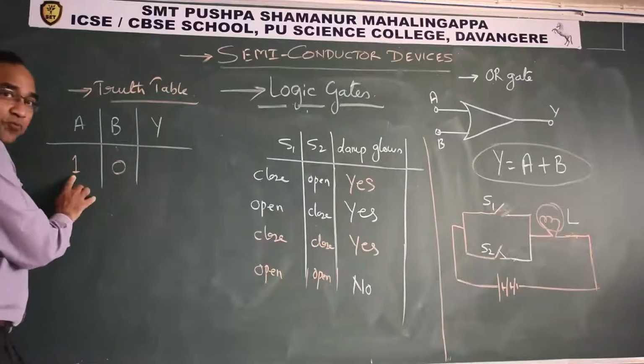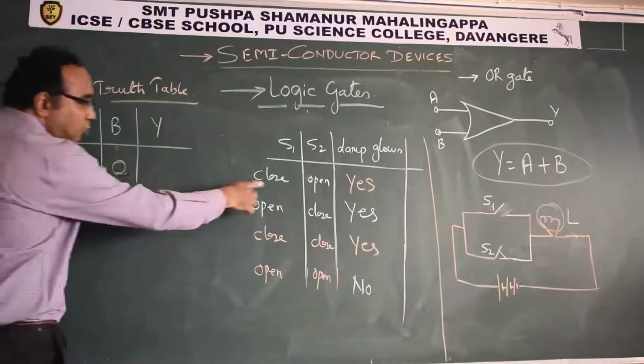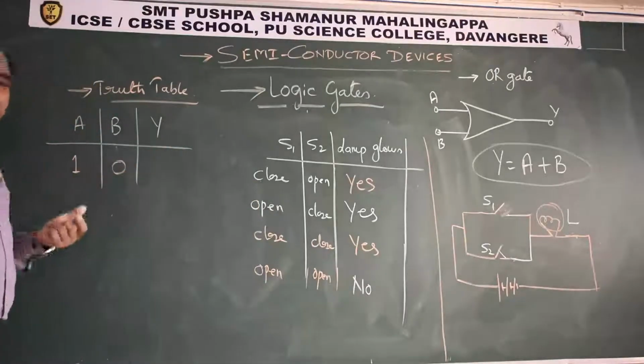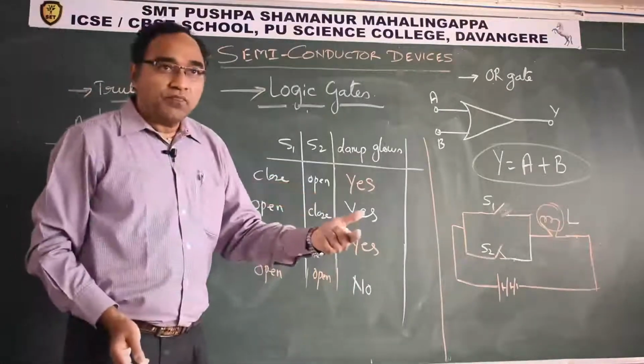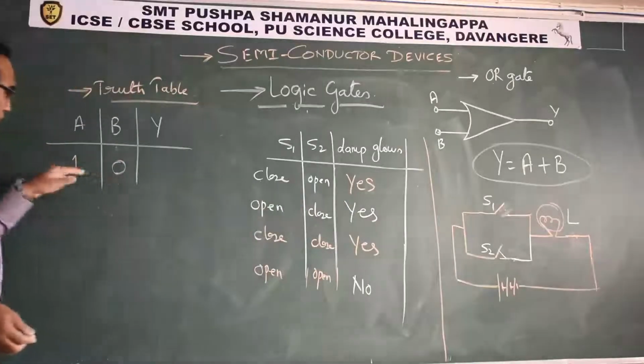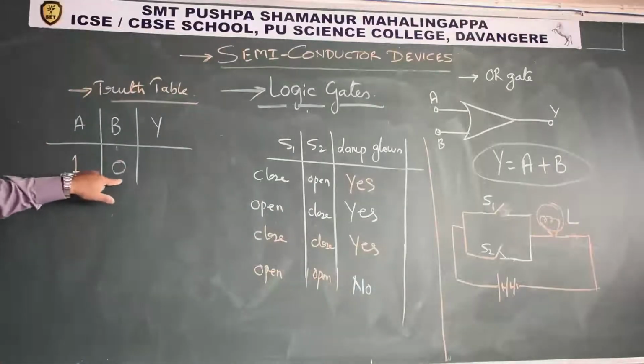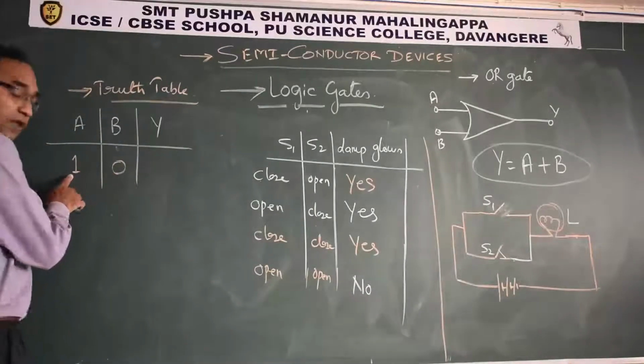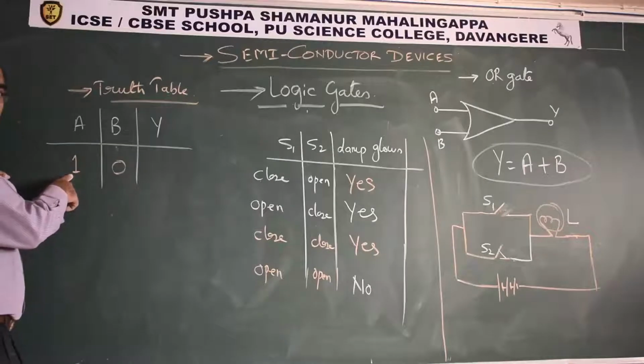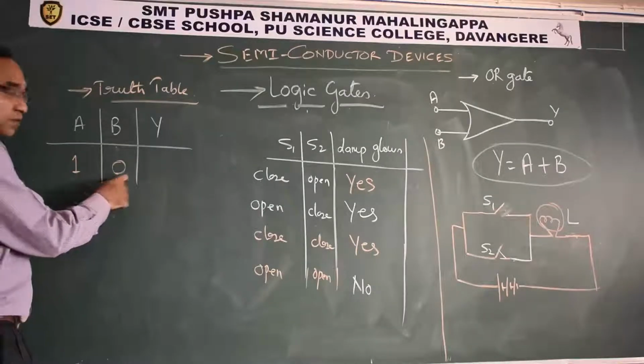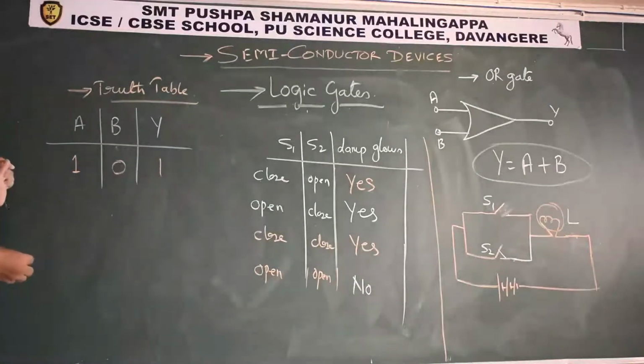Now, 1 is true. Here, close. Open: if it is open, can there be a current flow? No. That is called 0. So 1 means there is current, 0 means there is no current. So if A is true, B is false, there is current.